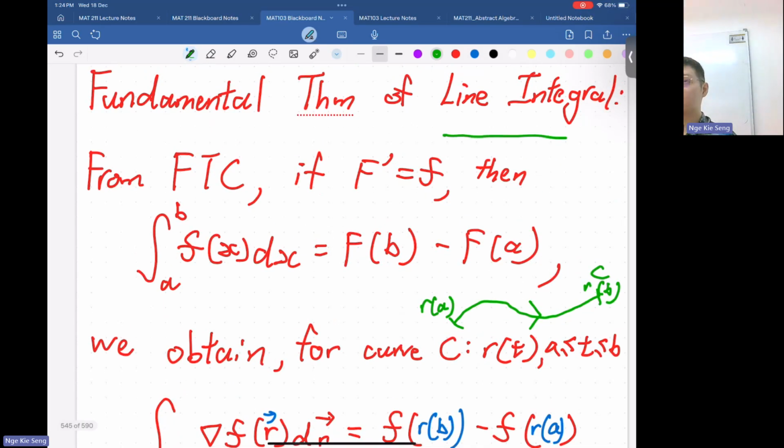It is just a straight line from a to b. So this is the difference between calculus 1 and calculus 2. In calculus 2, the line you integrate over can be curved, no longer straight anymore. Okay, make sense?